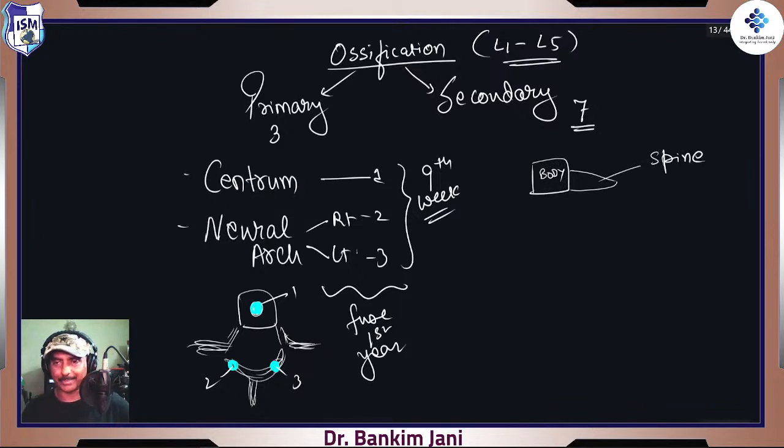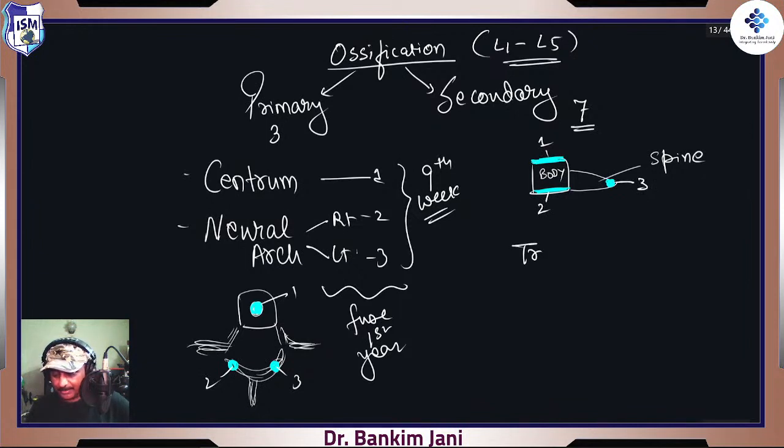I'll just write spine. This is the side view. So here we start. The first ossification is above the body, in a circular form like a plate on the body, and the second is below the body. The third one is at the spine. So this is 1, that's 2, the spine is 3.